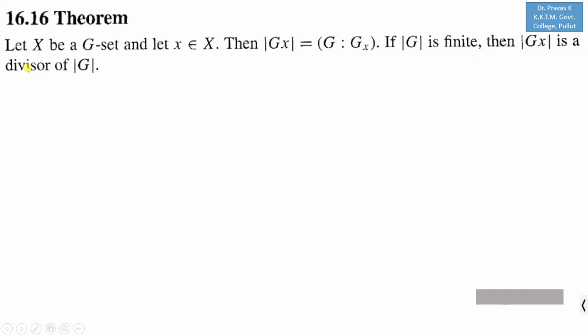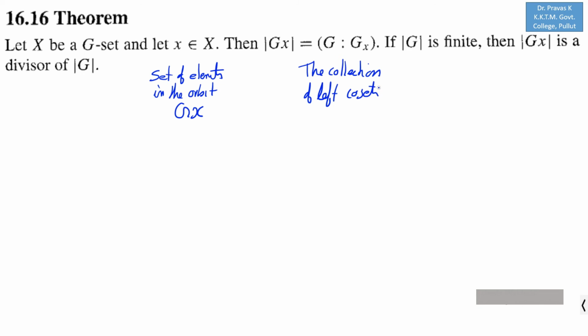Now when you need to prove that two sets have an equal number of elements, you just need to prove that there is a map from the first set to the second set, and that map is 1-1 and onto. So here the first set is the set of elements in the orbit, and the second one is the collection of all left cosets of G_x in G. Now let us define a map ψ from the first set Gx to the second set G over G_x like this.